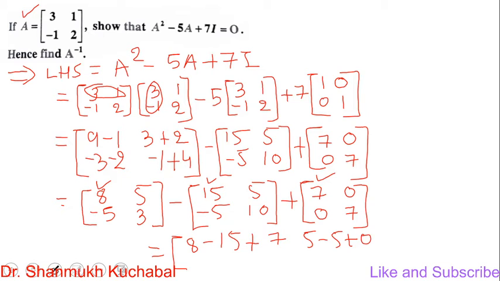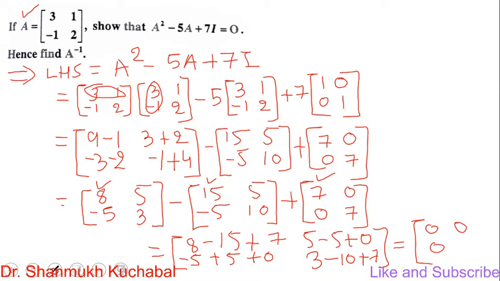Now third element minus 5, next minus into minus plus 5 plus 0. Next last element 3 minus 10 plus 7. So simplifying this we get 0 0 0 0.